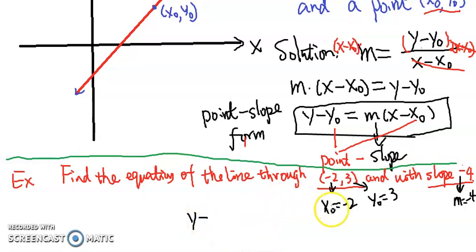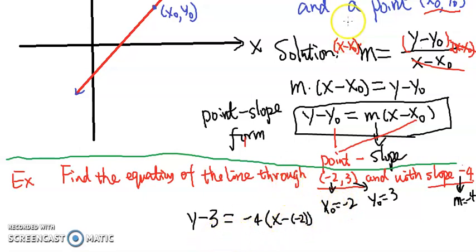So y minus y0, we replace this y0 with a 3. And then equals m. m is -4, the slope, times x minus x0. x0 is -2, so there's another minus sign. This first minus comes from the formula. The second minus comes from the number x0.